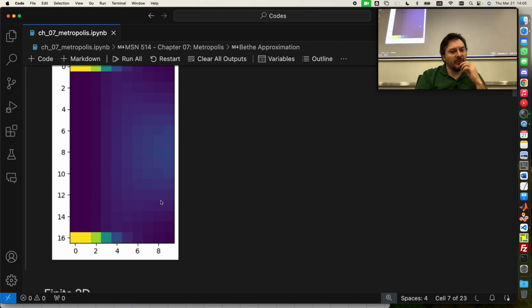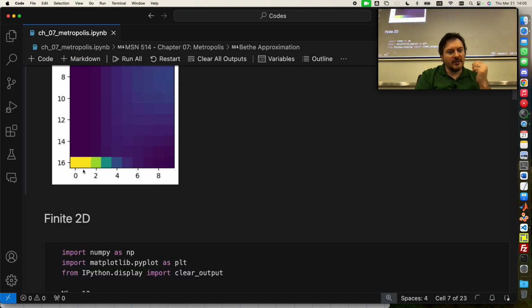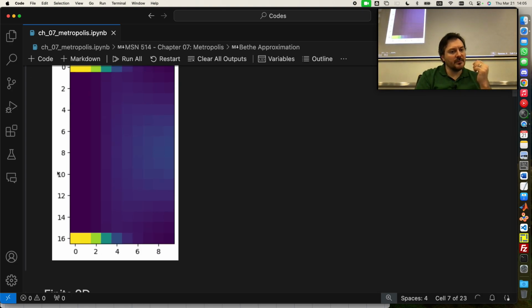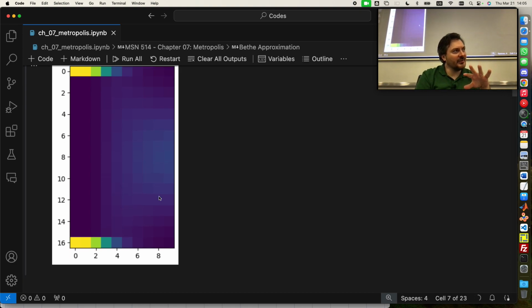This is not the spins themselves. I should put some labels here. This is kBT over J versus magnetization. And even these numbers are wrong. This should be 0 and this should be plus 16, minus 16. Sorry about that. But I have better pictures later.